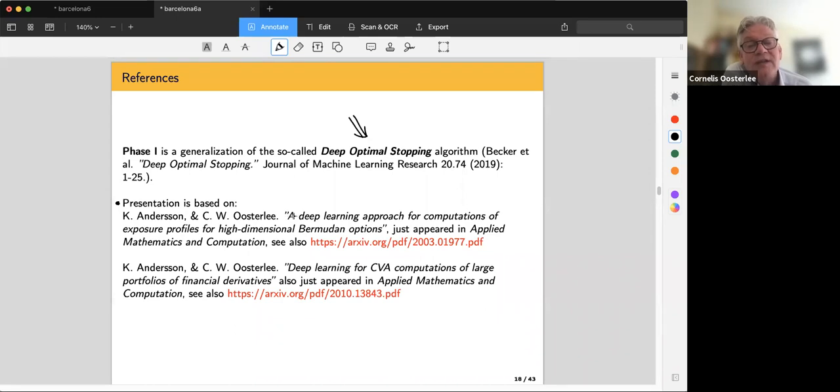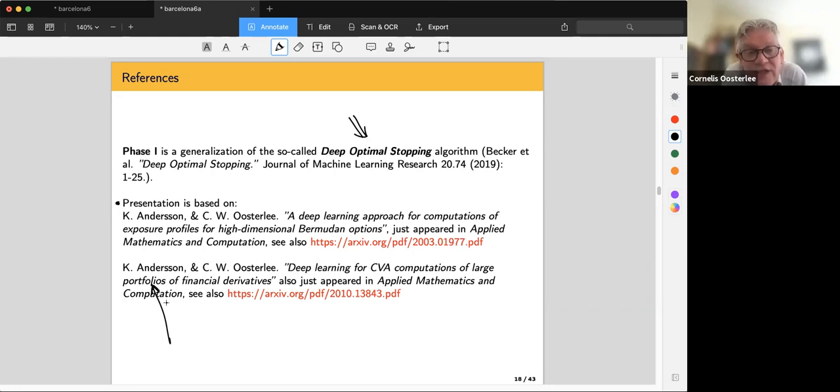One is called a deep learning approach for computations of exposure profiles for high-dimensional Bermudan options. And that is just looking at Bermudan options. And the second one is deep learning for CVA computations of large portfolios of financial derivatives. So that is the portfolio aspect.